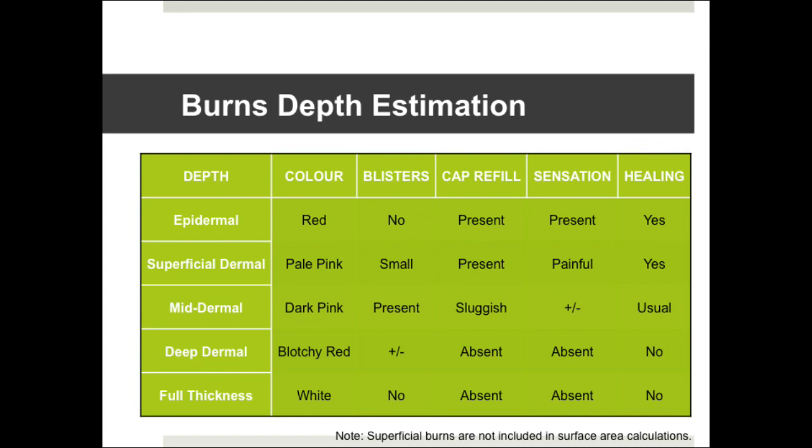If you imagine your normal sunburn, you get the right picture. It is important to note that these kind of superficial burns are not included in your surface area calculations. The burns that you do include in your surface area calculation are partial thickness, which includes superficial dermal all the way to deep dermal, and full thickness.